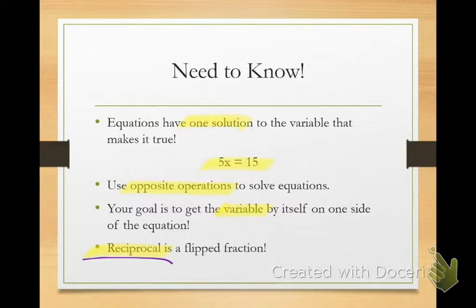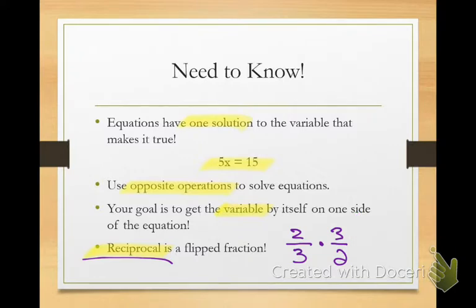So take any fraction. All right, I want you to write down this fraction, 2/3. In order to get the variable by itself, sometimes you have a fraction connected to it. So how can you get a fraction to reduce down to 1? You can take the original fraction and flip it and multiply, and this is what we call the reciprocal, the inverse, okay?